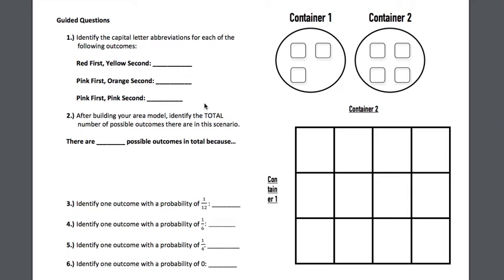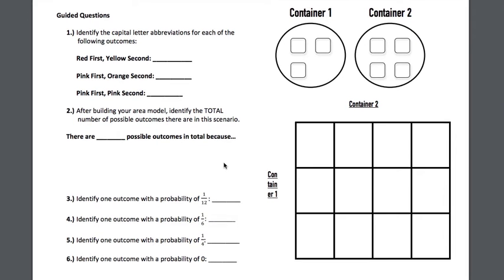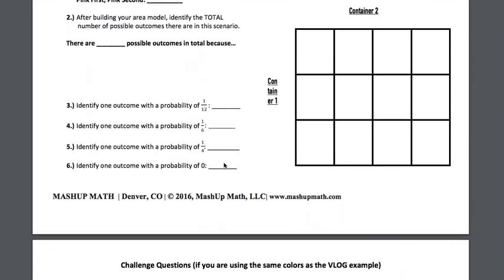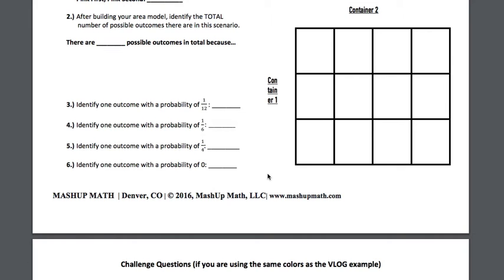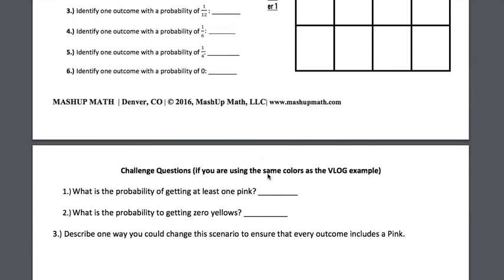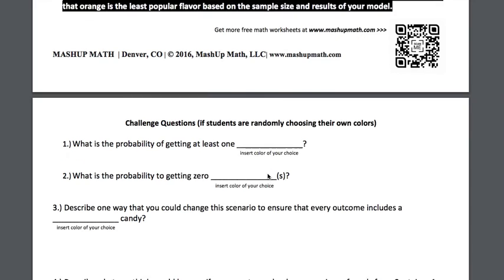Then after building your area model, identify the total number of possible outcomes there are in this scenario. Then you're going to identify one outcome with the probability of 1/12 if you have it, then 1/6, 1/4, and 0. So we're going to skip down here.